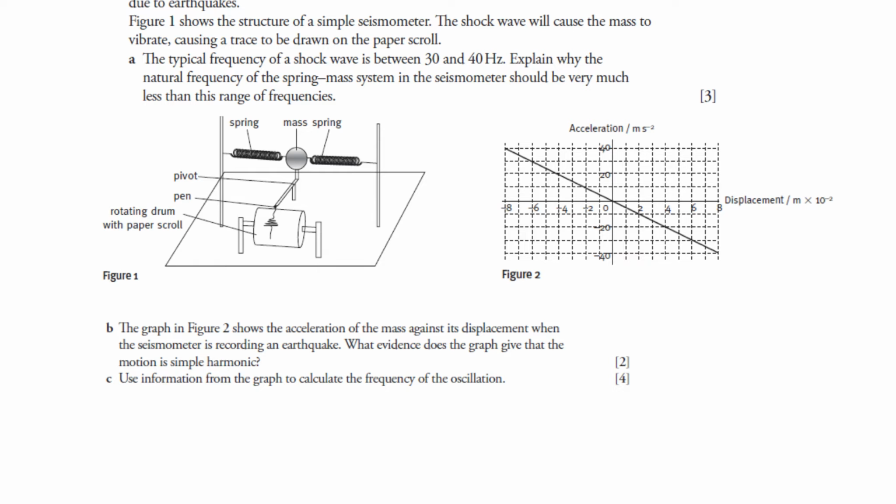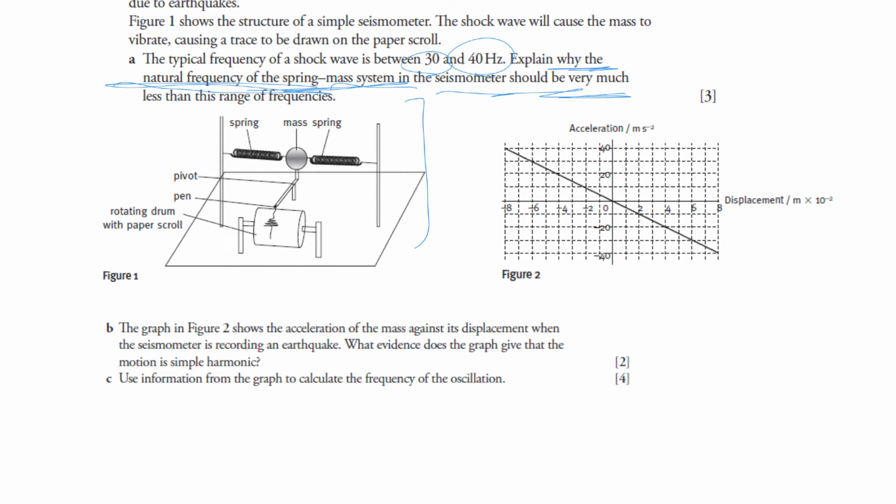Seismometers are used to detect and measure the shock waves which travel through the earth due to earthquakes. So this is the setup. Now, letter A: the typical frequency of a shock wave is between 30 to 40 hertz. Explain why the natural frequency of the spring mass system in the seismometer should be very much less than this range.